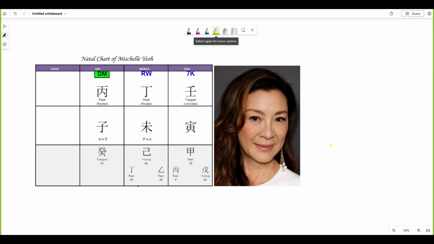She shouldn't marry early because the husband represents Gui Water, and Gui Water is a cloud, the cloud that hides the sun. Therefore, a Yin Fire lady shouldn't marry early. Furthermore, though this Fire lady has a husband, sitting on the husband star looks like a happy marriage, but there is a 7 Killings here.